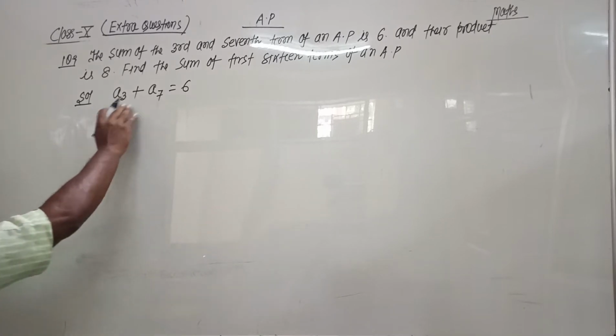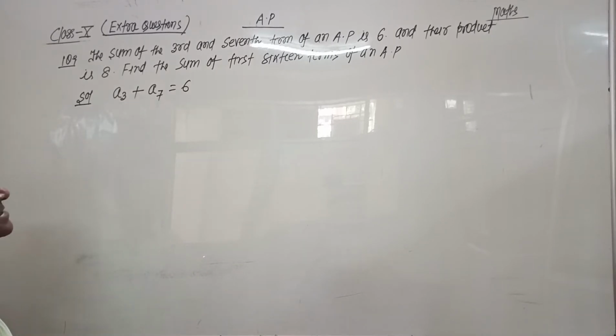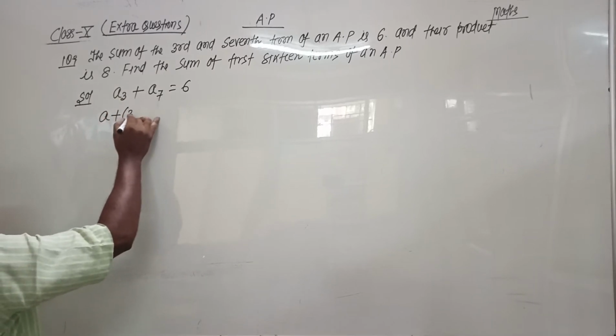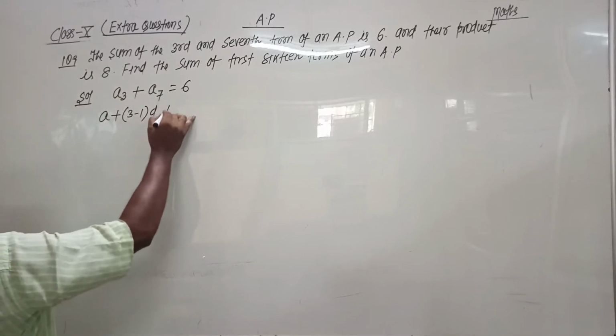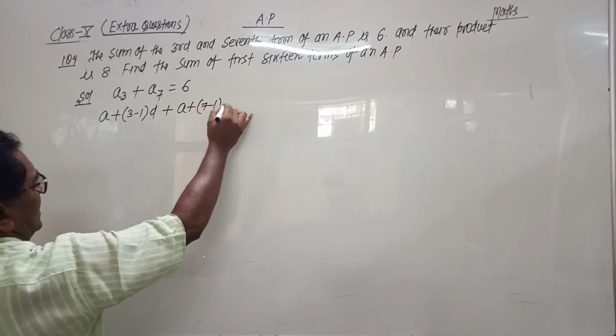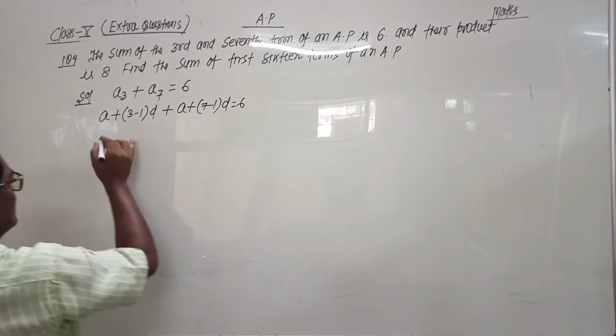We are given that the sum of the third term and seventh term is 6. The third term is a plus (3 minus 1) times d and the seventh term is a plus (7 minus 1) times d, equal to 6.